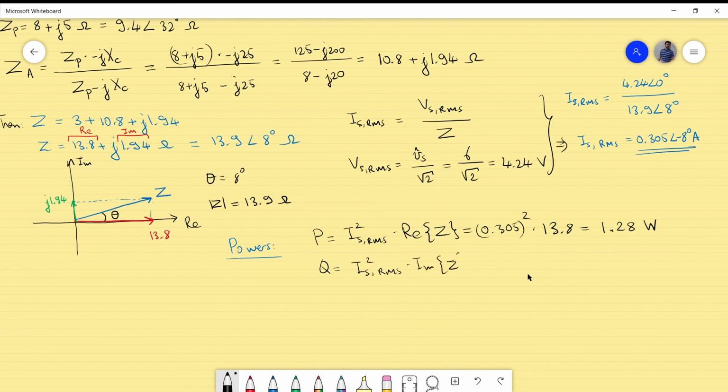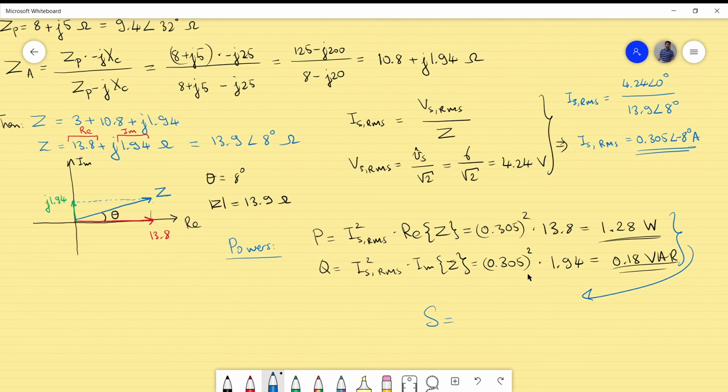Now Q in a similar form, Q is IS RMS quantity squared times the imaginary part of the total impedance, which is again looking only at the amplitude of the current, 0.305 quantity squared times 1.94, which is 0.18 volt amperes reactive. So okay, I have now both of them. Using these two, I can express the apparent power, and I know it is a lagging and the phase is positive.